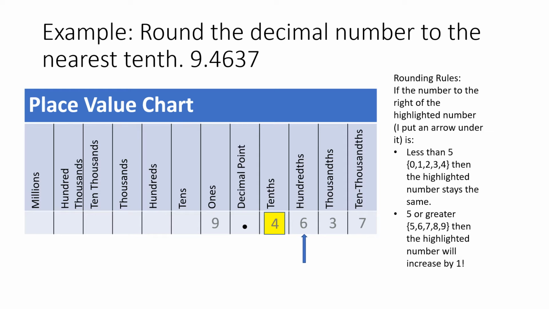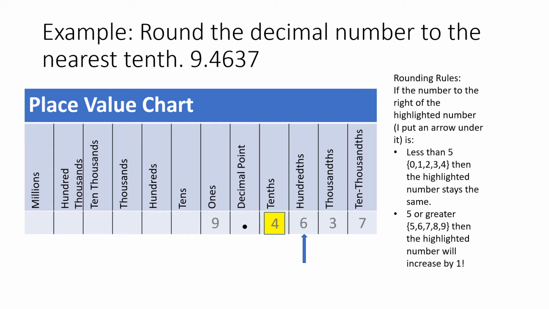And now to my rounding rules. So if the number to the right of the highlighted number, which has that arrow under it, is less than 5, so if it's 0, 1, 2, 3, or 4, then the highlighted number is going to stay the same. If it is 5 or greater, so if it's 5, 6, 7, 8, or 9, then the highlighted number will increase by 1.